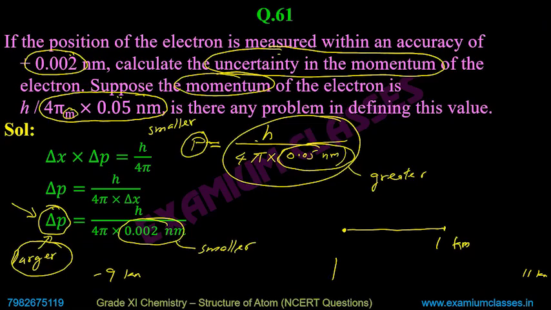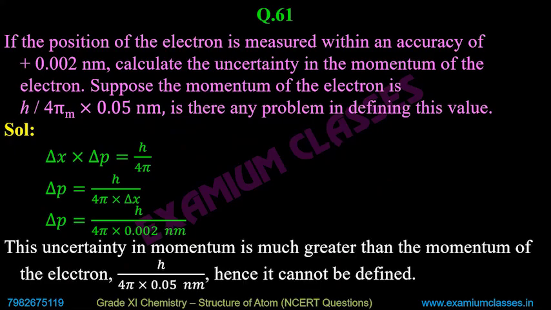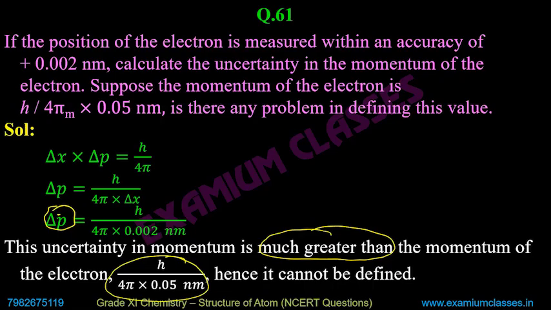So you will say, as the momentum itself is much less than the uncertainty, it cannot be defined. That's how you will write it. This uncertainty in momentum is much greater than the momentum given. Hence, it cannot be defined.